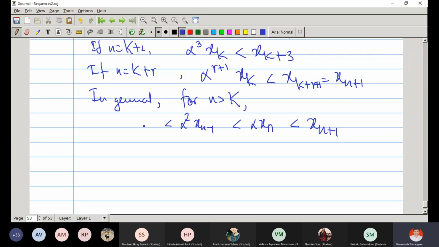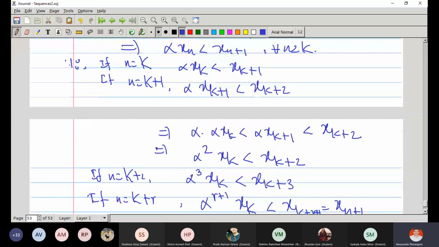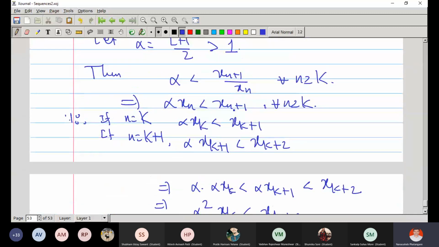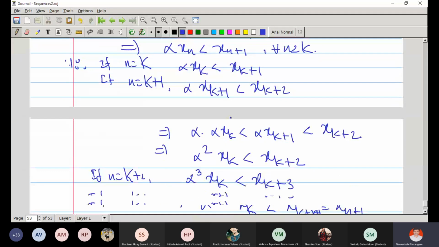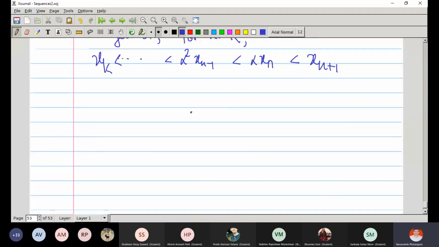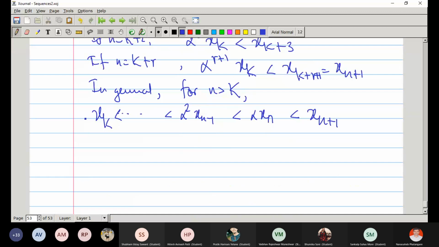And where will it settle? Where will we stop? We'll stop at x_k, because we don't know anything below x_k. Whatever we know is after x_k, so alpha times x_n is less than x_{n+1} after k. We cannot go below k. So what is the power of alpha? Alpha raised to n minus k plus 1.